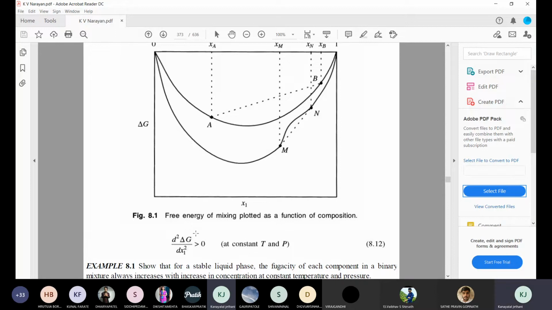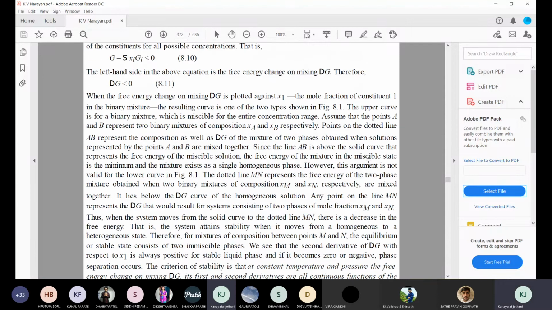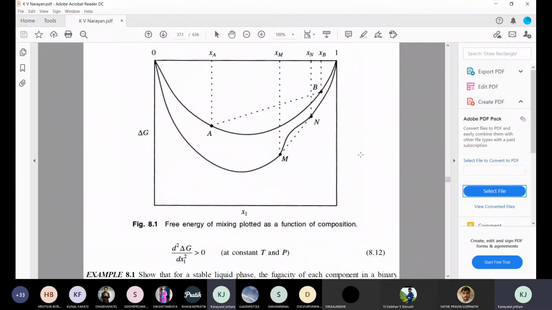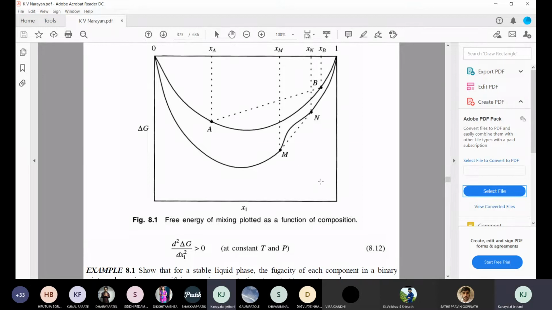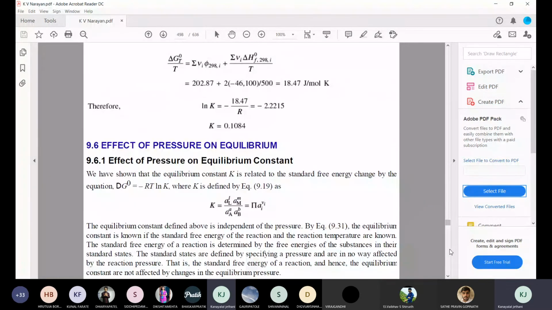You write the explanation correctly, delta squared G by delta x1 squared greater than 0, but your diagram itself is wrong. Many people have just drawn like this: they drew this upper one and this lower one, smoothed out. I did not understand what they understood. The rest is written, you are just copying, I know, but at least draw the diagram. You can copy it by looking at it. Okay, I'm not going to spend too much time on this because I already explained it many times. Let's go to the problems.